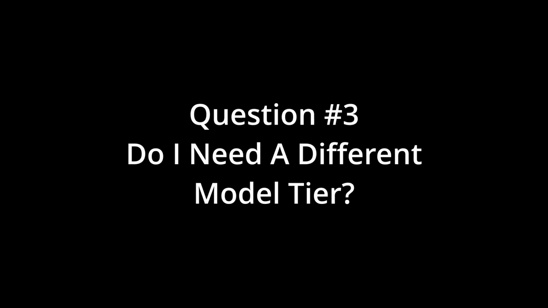So maybe the new model just works differently and you need to restructure your ask to work with its tendencies instead of against them. 3, do I need a different model tier? So if you move from ChatGPT 4 to ChatGPT 4.0 mini to save money, you might have lost some capability. So consider whether you need the more powerful model for this specific task. It might not be a prompting issue. It might just be the model you're using.